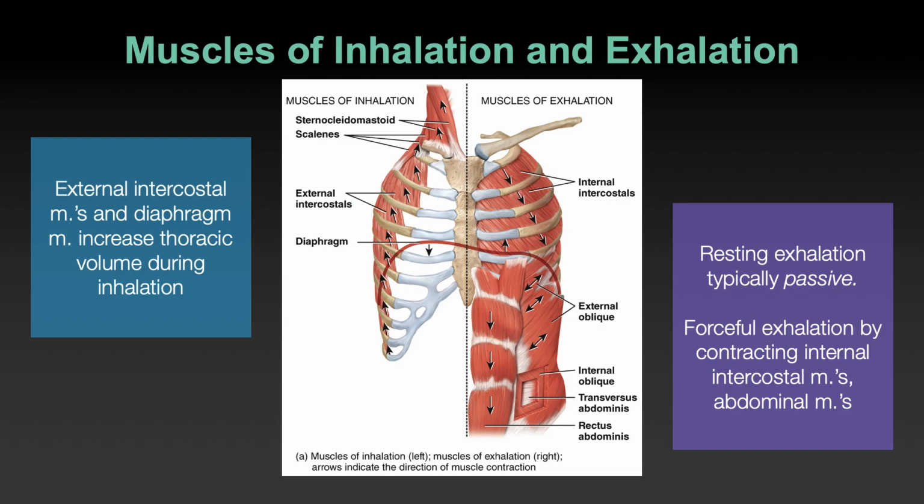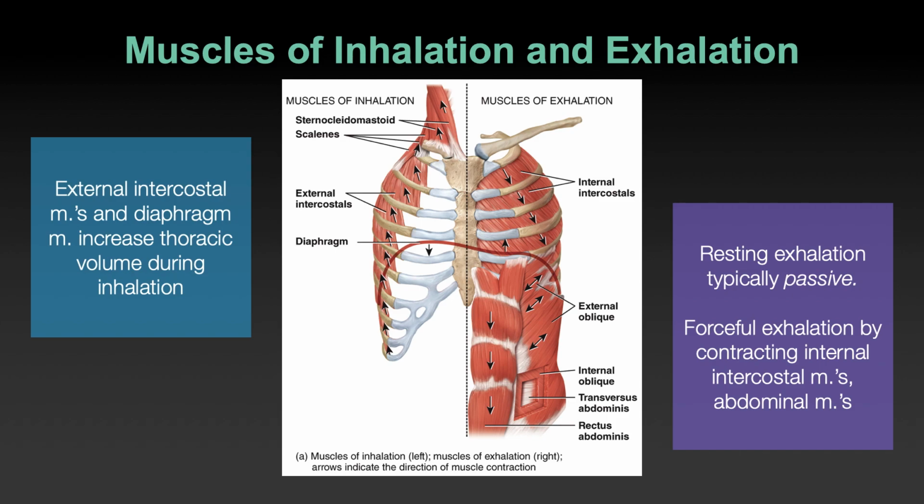For exhalation, usually you sitting there at rest, you don't need to exhale very forcefully. Most of exhalation occurs passively. If you pick up the lower ribs, if you drop the diaphragm, those are active processes. If you just turn off that activation, things will return to normal.